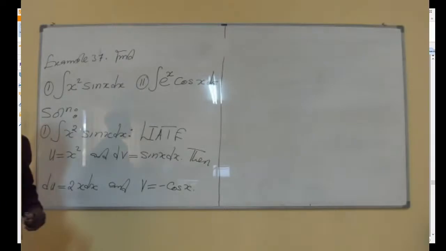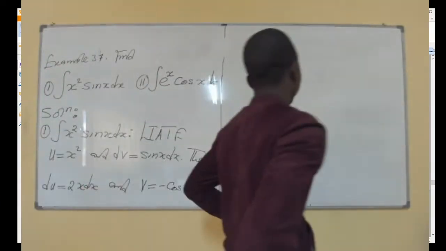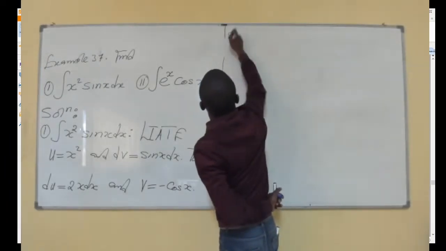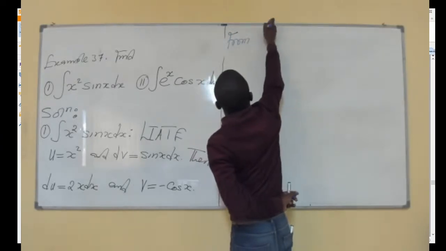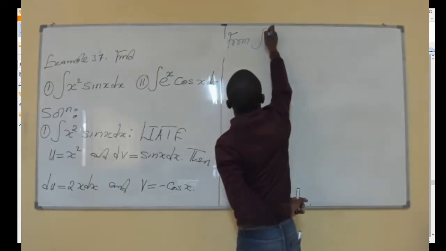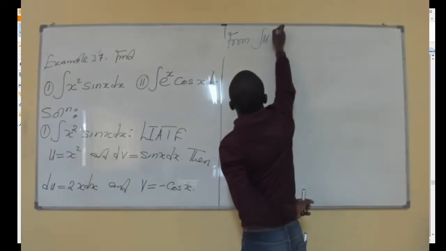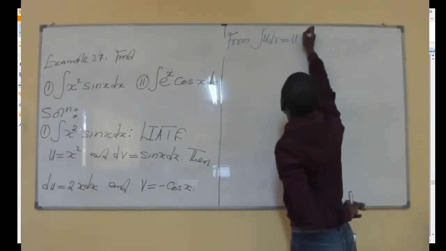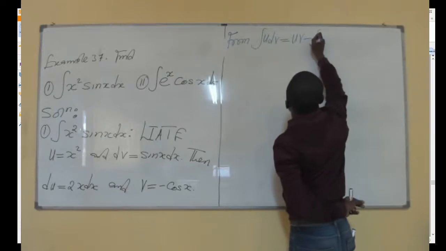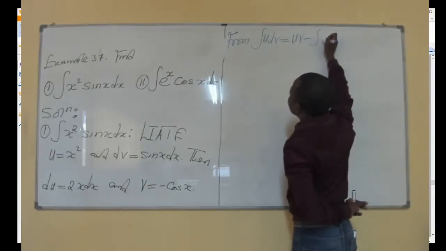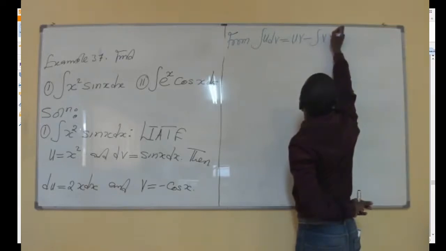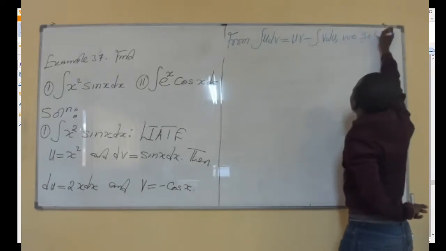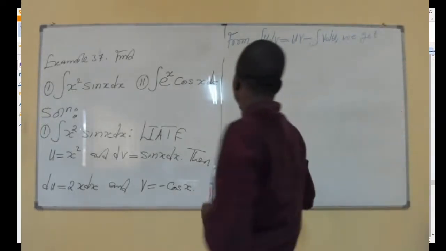Now, integration by parts gives, from the formula, the integral of u dv is equal to uv minus the integral of v du. What we are going to get is this.